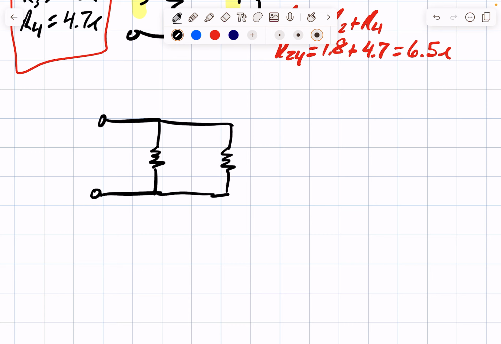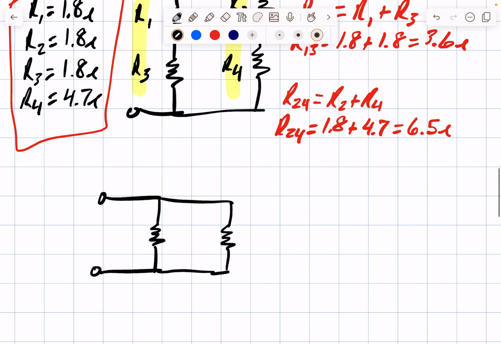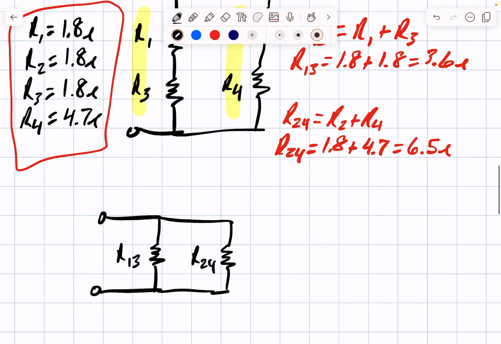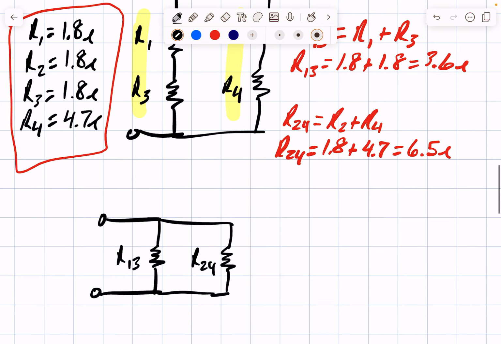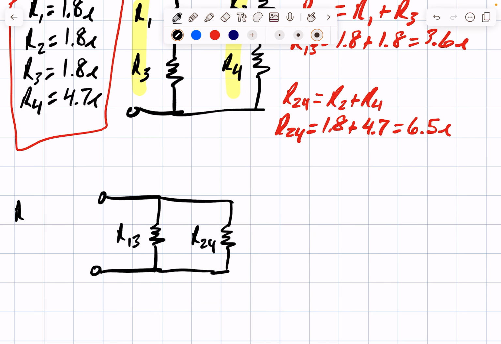Okay, so now we can say R13 and R24. And we can get the values for these two from above here, which we calculated. So R13 was 3.6 ohms, and R24 is equal to 6.5 ohms.